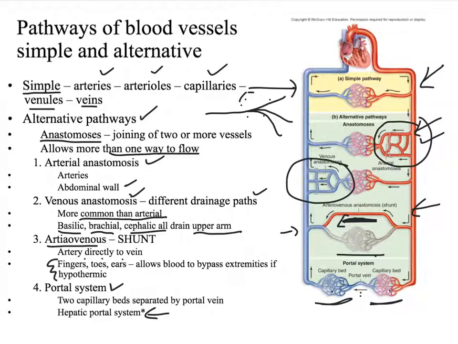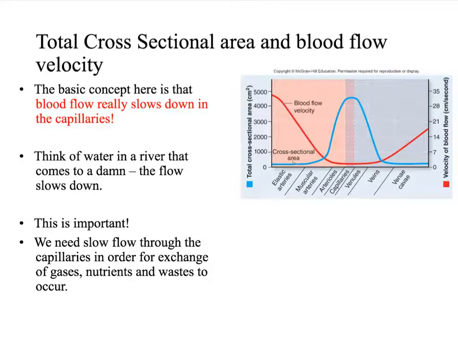The hepatic portal system is how blood gets from your digestive organs to your liver. But for right now, all I want you to know is it's a series of 2 capillary beds. We go through one capillary bed, and then we go through another capillary bed.